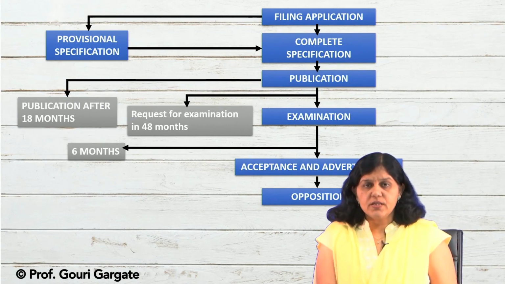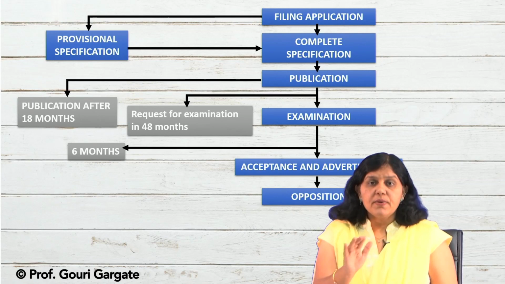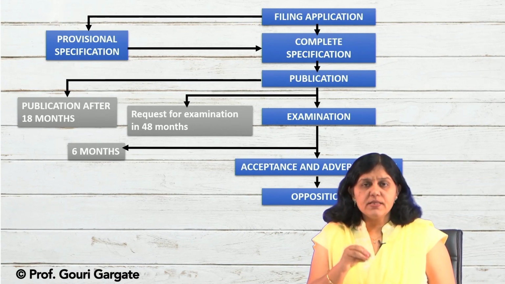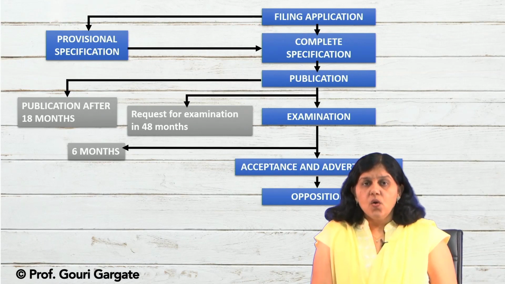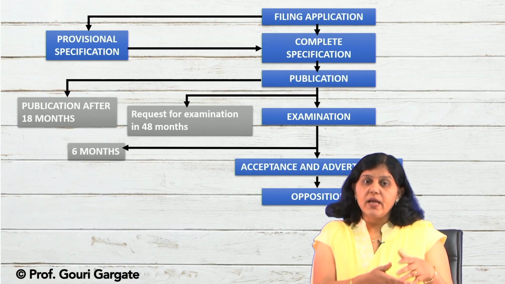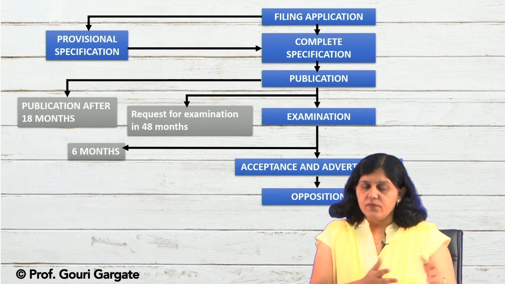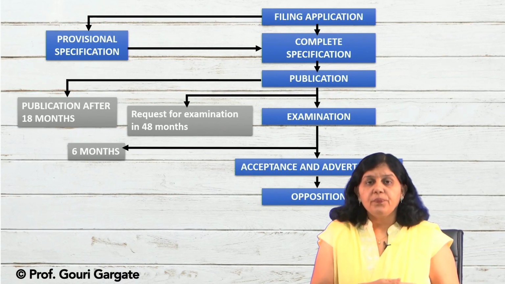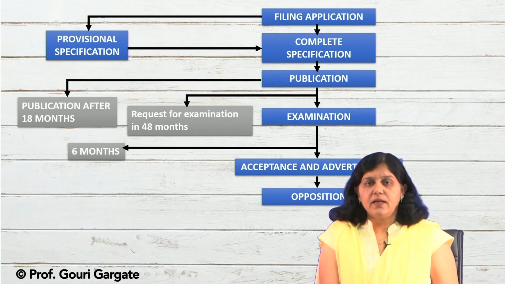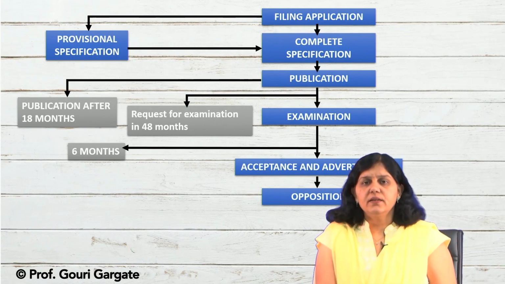Post-grant opposition is a process where a person skilled in the art, we remember this FOSITA thing, right, can file it. In the pre-grant opposition anyone has the right to file; in the post-grant opposition, only the person who is skilled in that art can file the opposition.